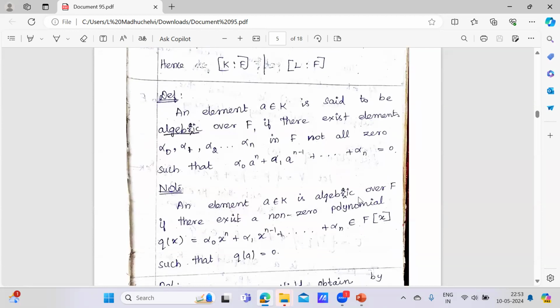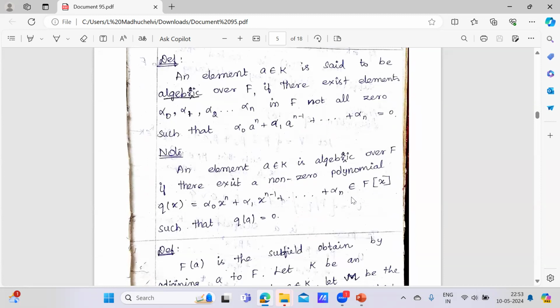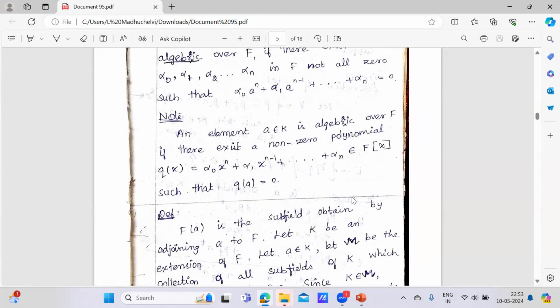Next definition. An element a belongs to K is said to be algebraic over F if there exist elements alpha naught, alpha 1, alpha 2, etc., alpha n in F, not all 0, such that alpha naught a power n plus alpha 1 a power n minus 1 plus etc. plus alpha n equal to 0.